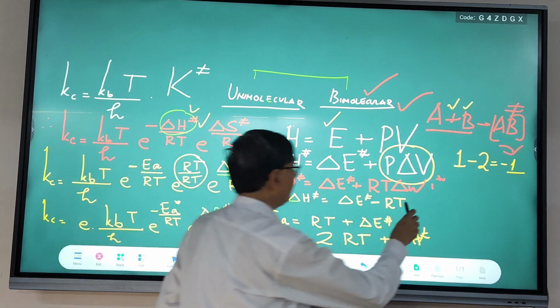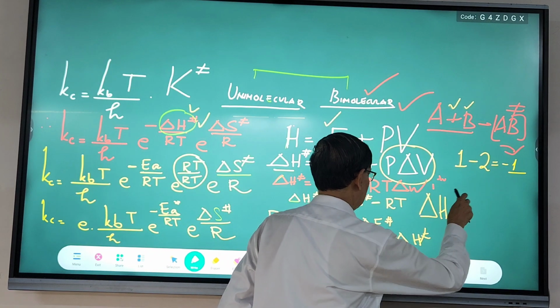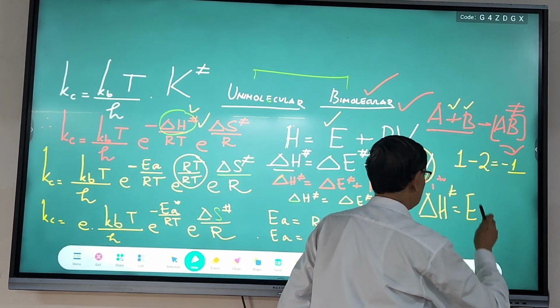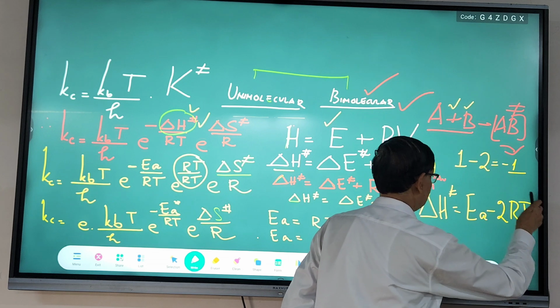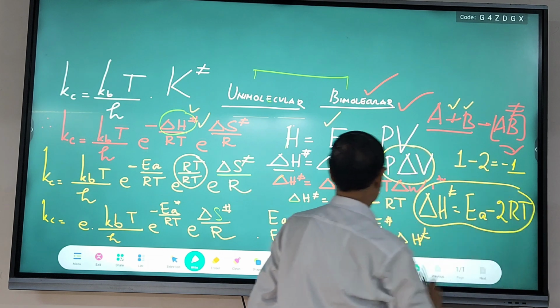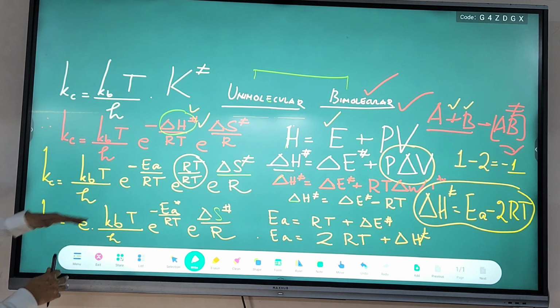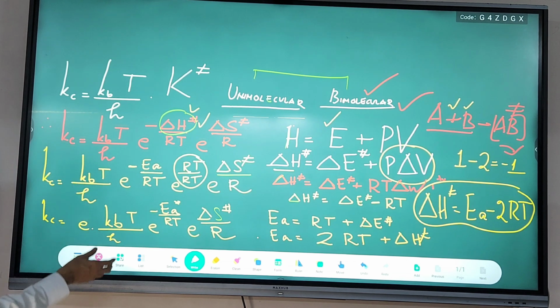So simply delta H is EA minus 2RT. Directly you can write like this. And now we substitute the value. Let me rub the first, the unimolecular thing.